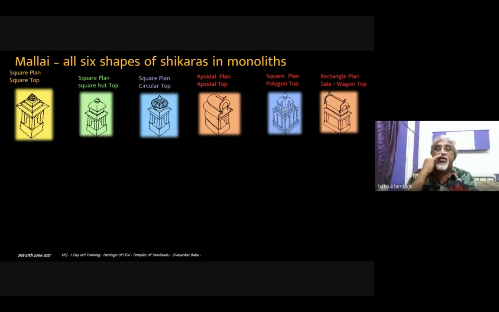And for some of the Shakti temples, this will be a rectangle plan, and like a Gopura, it will be a Sala or wagon top, because Tantric temples and others are of this shape. These 6 shapes were experimented with long back in one place.